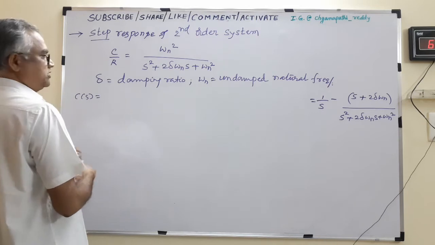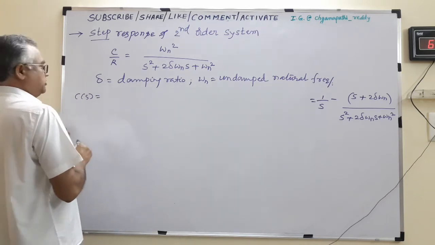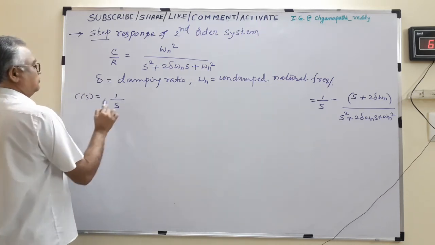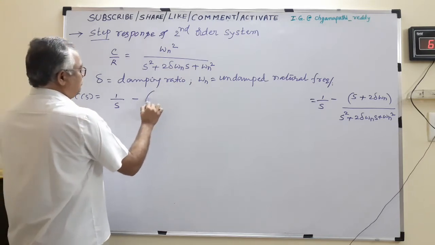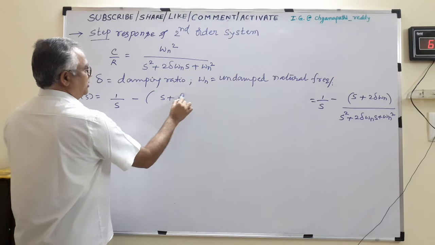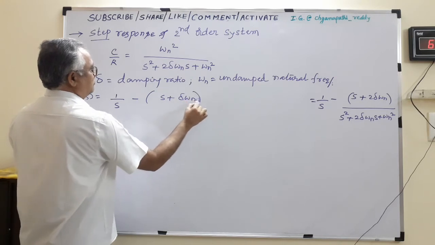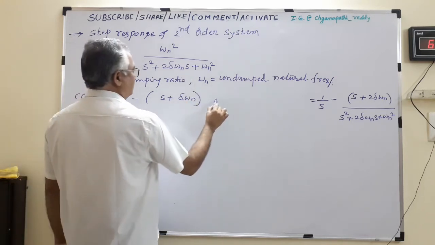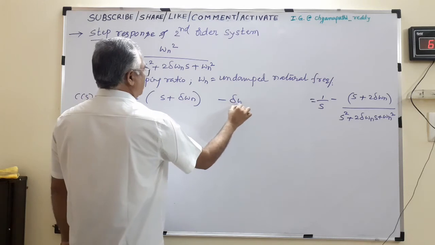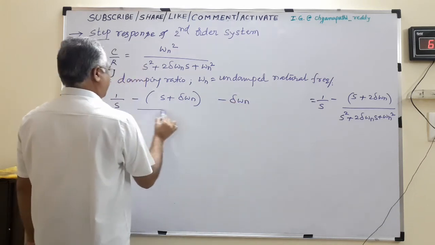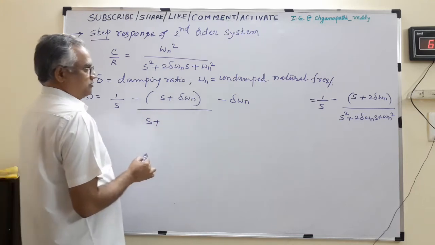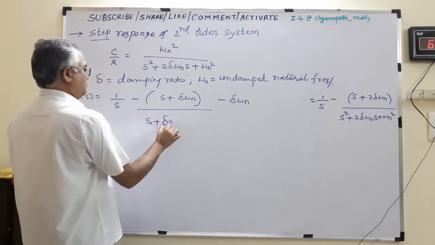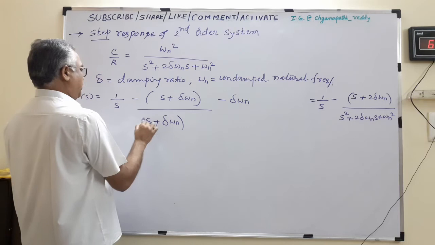Now further, C of s we can write like this: 1 by s minus s plus delta omega n by s plus delta omega n whole square, minus delta omega n.